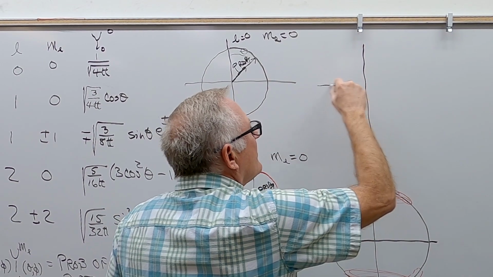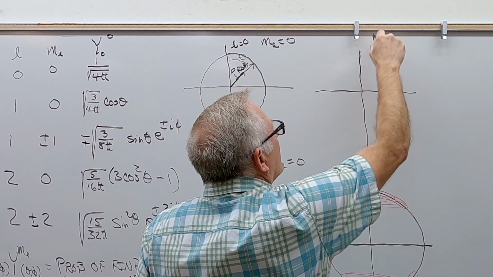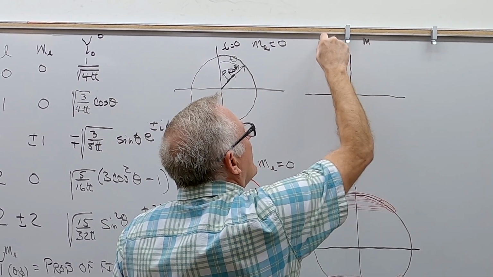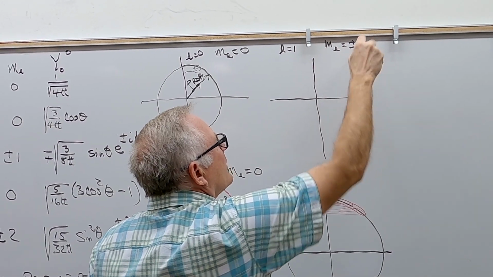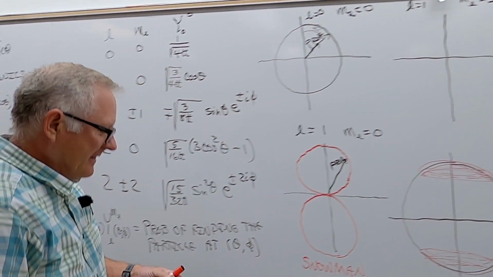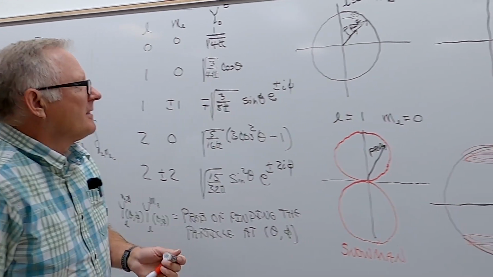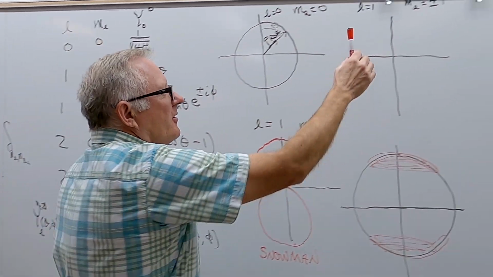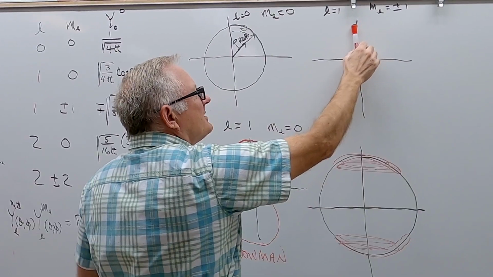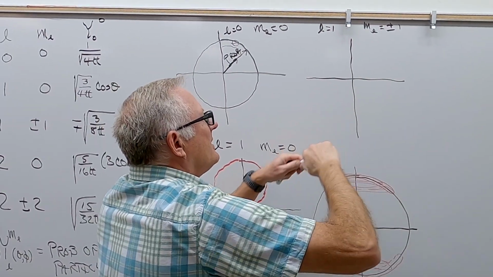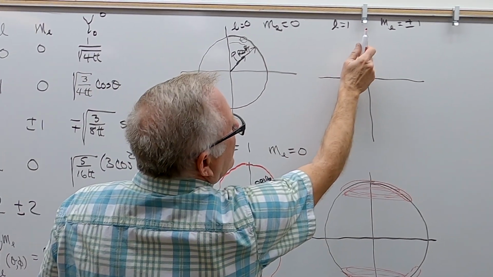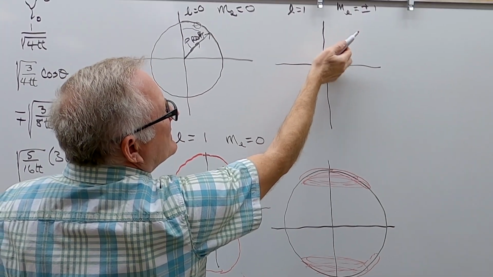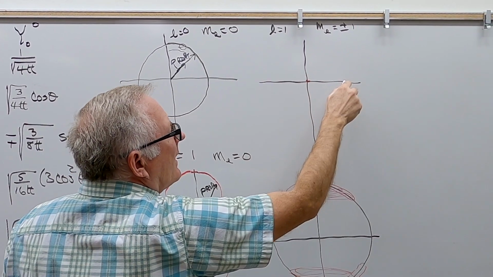So this is m sub l equals either plus or minus 1, it doesn't matter. If we're looking at the sine function, when you're at 0 degrees, which is right there, sine of 0 is 0. So this thing would just be 0. Now, as you work your way down, sine increases until you're right there and it's at 1.